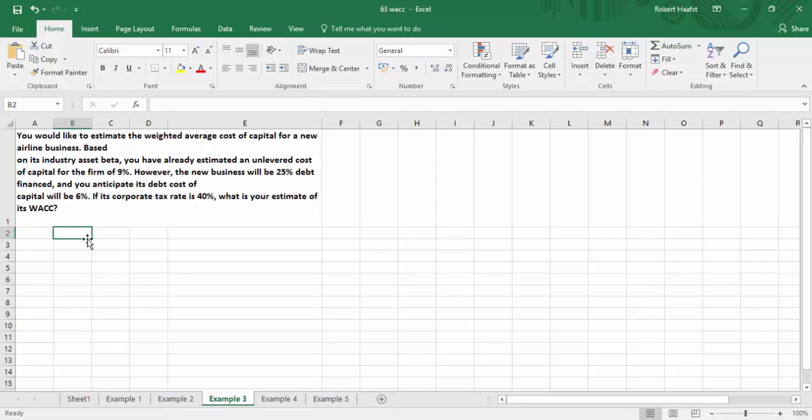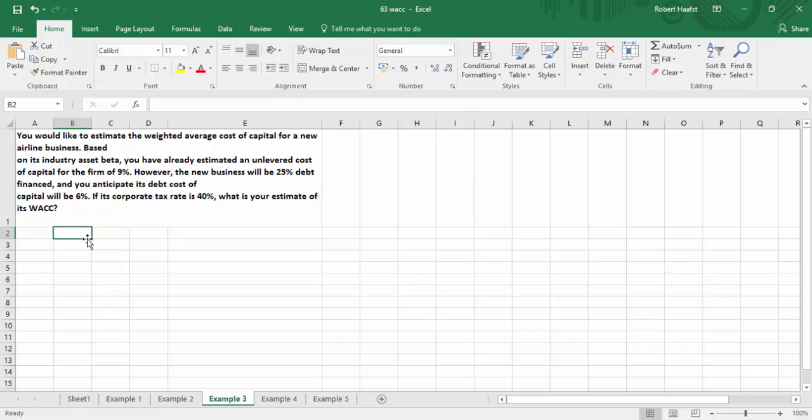So we have here that we want to estimate the weighted average cost of capital for a new airline business. Based on the industry asset beta, we have already estimated that the unlevered cost of capital for the firm is 9%.